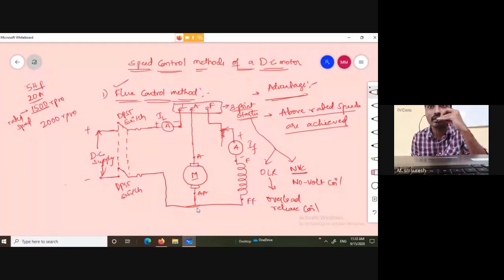So that's why we are using a 3-point starter. What is the purpose of a 3-point starter? In order to start the motor in a safe manner, we are using a 3-point starter.